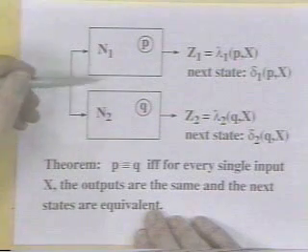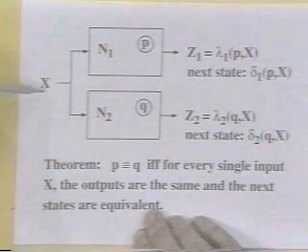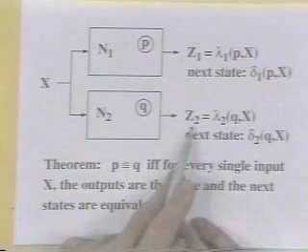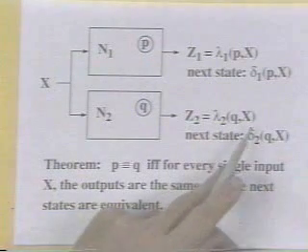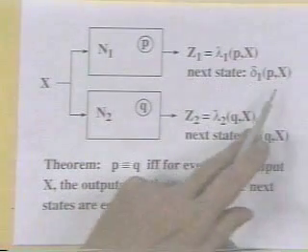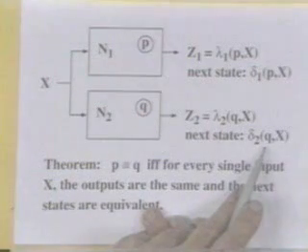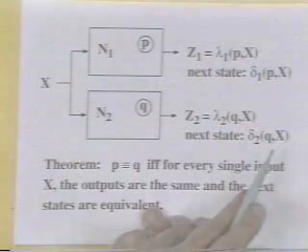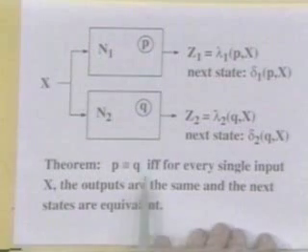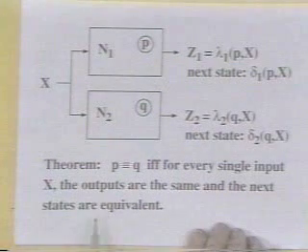And here's our same two networks, N1 and N2, and our same two states, P and Q. So we put in a single input X, and we look at the output Z1, which depends on P and X, and the output Z2, which depends on Q and X. We also look at the next states, and again, the next state in the first network depends on P and X, and the next state in the second network depends on Q and X. So we'll say that P is equivalent to Q if and only if, for every single input X, the outputs are the same and the next states are equivalent.